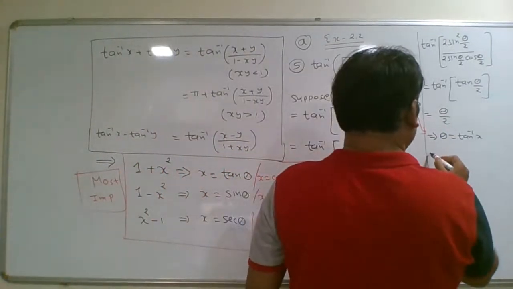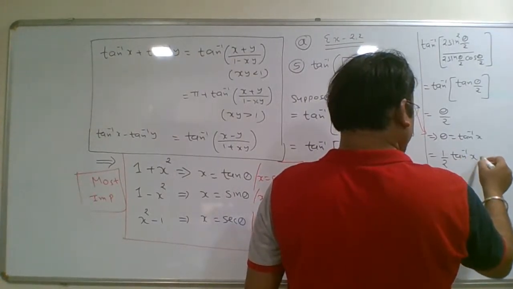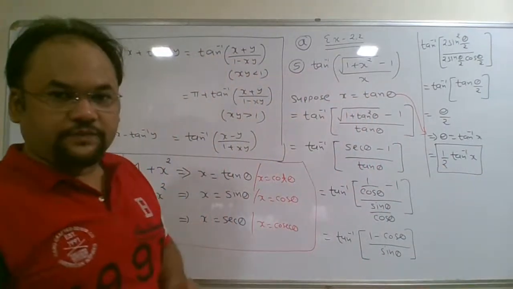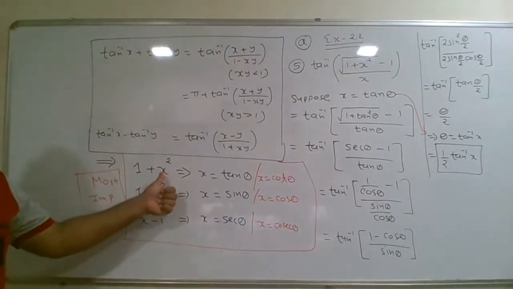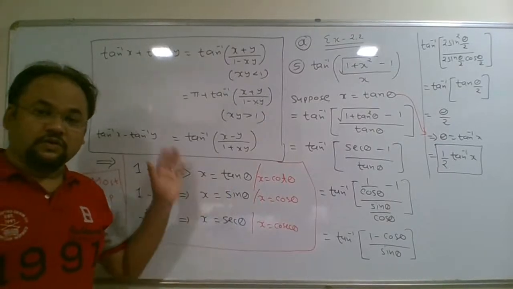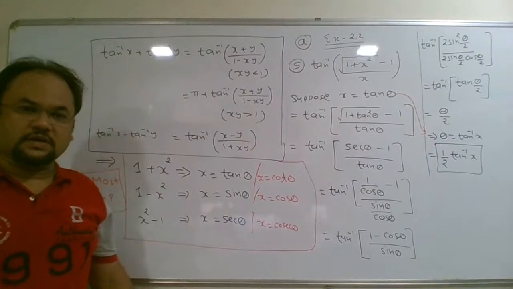So putting here, the final answer is half of tan inverse x. Understood? So always remember this thing: if we have 1 plus x square, then we have to replace x equal to tan theta to simplify this type of questions. Write down.